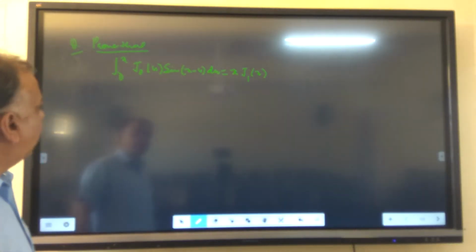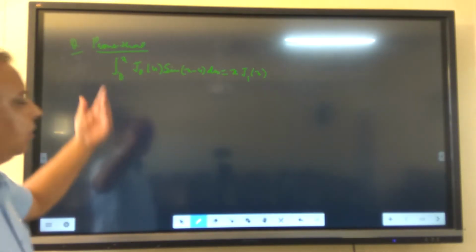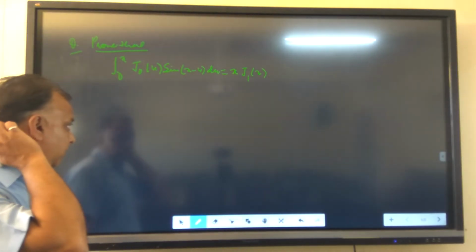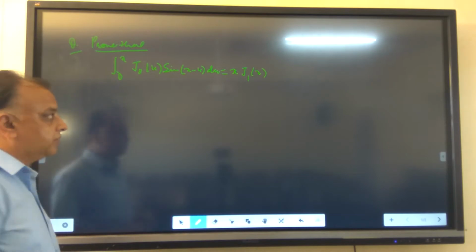We have to calculate, or prove, that the value of this integral is equal to x J1(x).